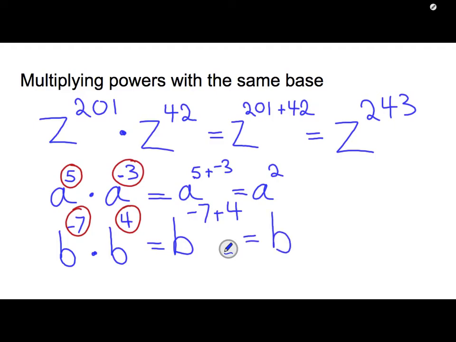Base is still going to be b. Negative 7 plus 4. Well, our negative is bigger, so our answer is going to be more negative. We're just going to do 7 minus 4 is 3, but the negative number is bigger, so it's going to be b to the negative 3rd.